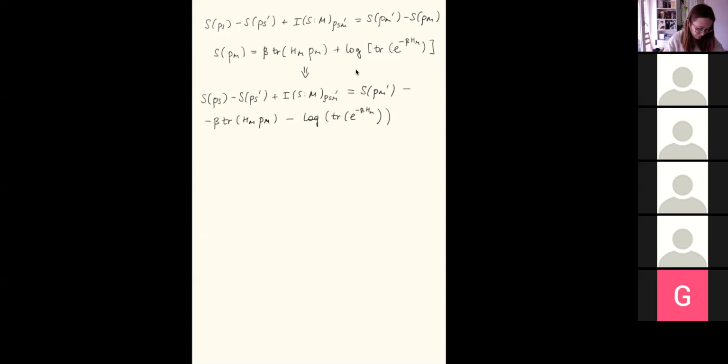Okay, so now to get to the equation that we need, let us add and subtract the following: beta trace H_M rho M prime minus beta trace H_M rho M prime.